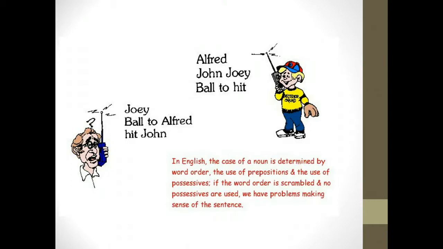Take a look at what we have here on the screen. If we don't put English words in the order in which they need to appear, then we have this one gentleman on the left, Joey, ball to Alfred, hit John, and over there he's got Alfred, John, Joey, ball to hit. All of this looks an awful lot like a secret code that you'd expect on the back of a cereal box.